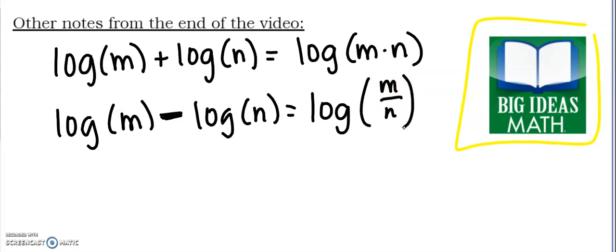Okay, so that's our summary so far of properties of logs. There will be one more, which is one that you've already kind of seen coming up shortly, known as the power property. But for now, these are our two. So product goes with addition. Quotient is dealing with subtraction, with logs.